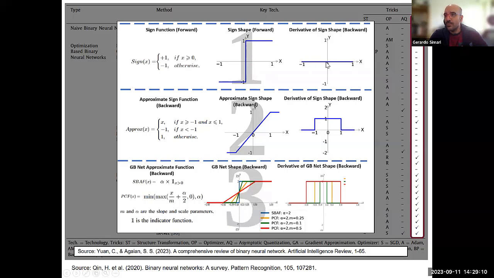You can see here the derivative, the explanation that I was giving before. It's just going to be zero everywhere except at zero, which is infinite. On the backward pass, you just have the straight-through estimation, but there are also a lot of different functions that you can play around with and see if they work better.